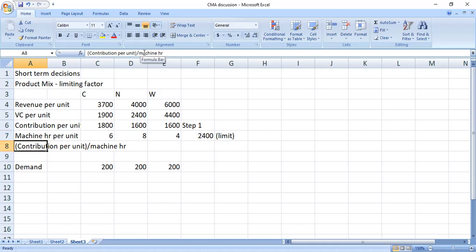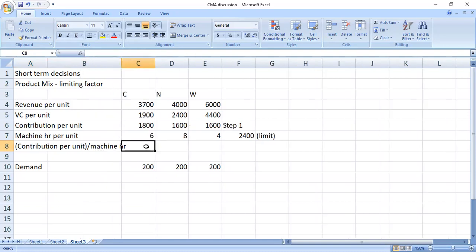In this formula, we're saying it is the contribution per unit divided by the machine hours per unit. That is, for every machine hour, we are making a contribution of 300,000. Then you do the same for the rest of the products.